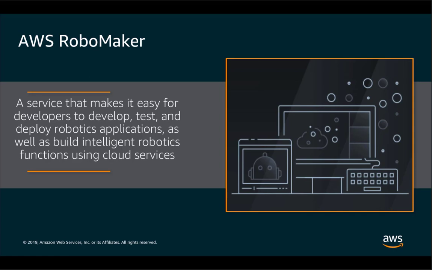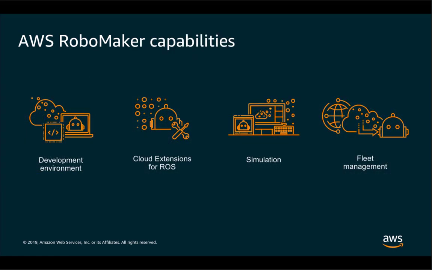Now, this service is built so that it will easily help developers to build, develop, test, and deploy all these robotics applications in a well configured manner and also be able to function as though they're in the cloud.